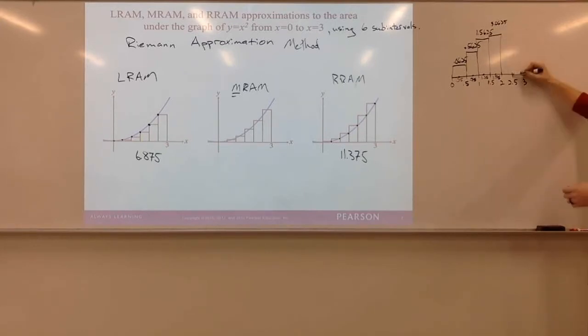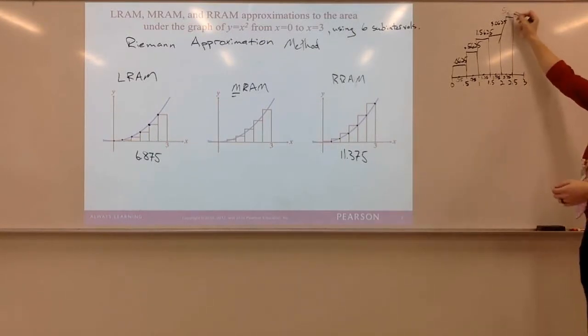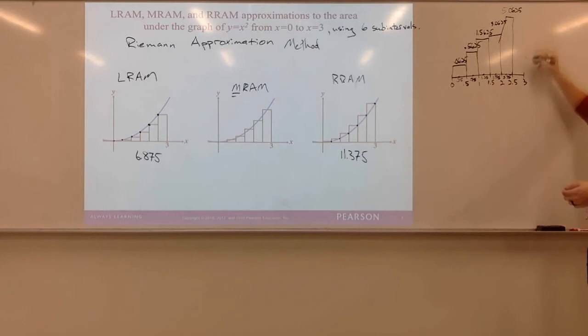Then writing is too big here. The next one, 2.25. 5.0625. And finally, there's my rectangle. My midpoint here would be 2.75. So if I plug 2.75 in, 7.5625.